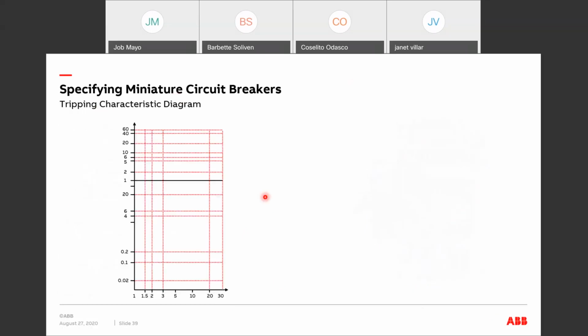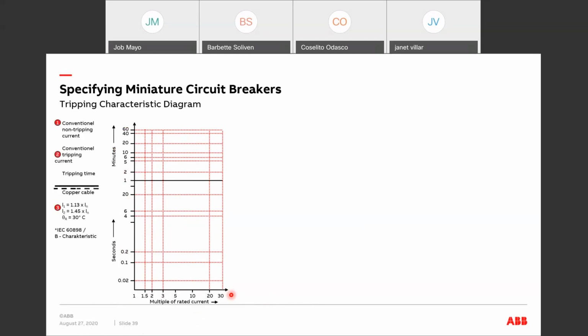So again, in time current selectivity, or in specifying miniature circuit breakers, it's also good to understand the tripping characteristics diagram. So in this case, we have the logarithmic scale. So the x-axis is for the time, and the y-axis will be the multiple of rated current.